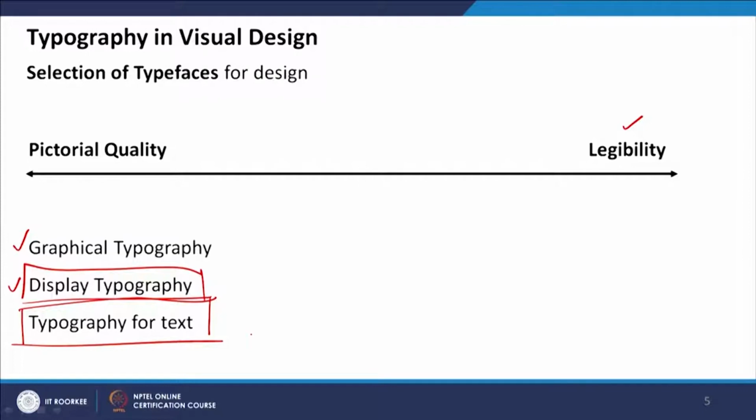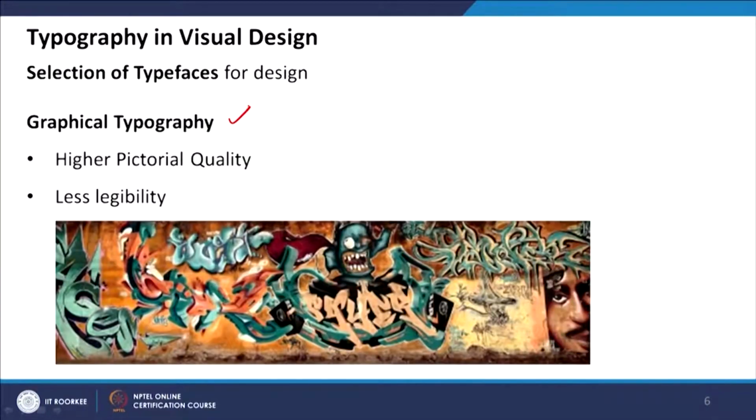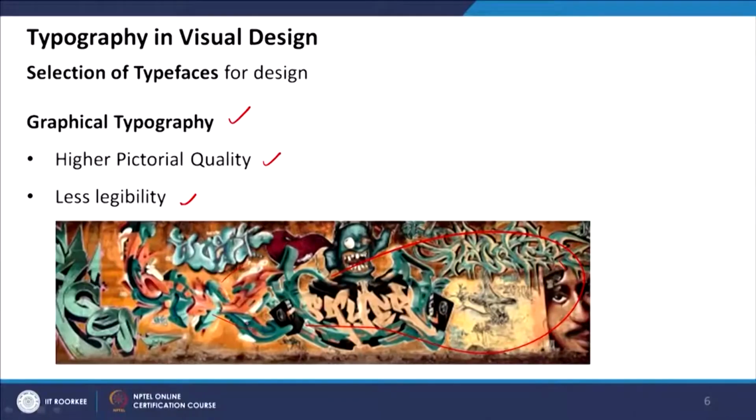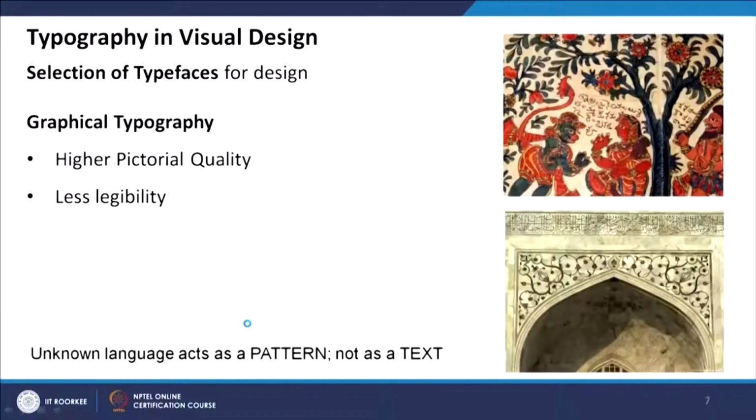So this is the graphical typography. This is really high on pictorial quality and legibility is really less. So you have to decipher it with longer time. You have to look at it for longer time to interpret it. For example, if it is a graffiti work or very ornate abstract pattern, this becomes a graphical typography.